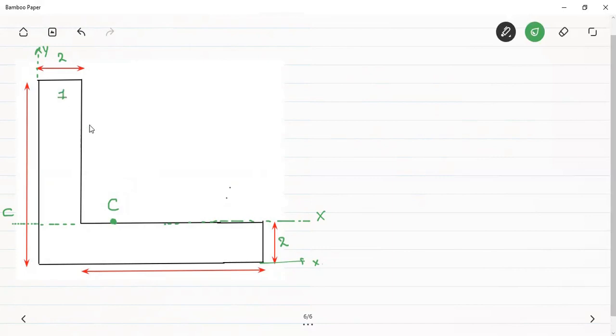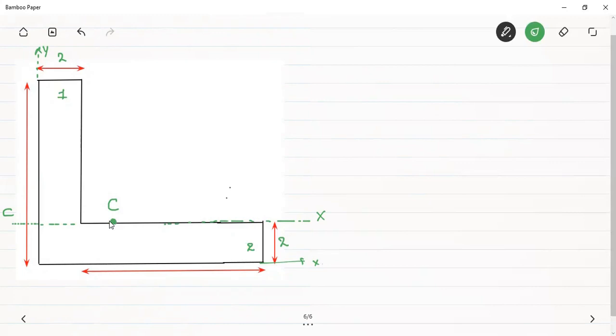Now, to find the moment of inertia about the centroidal x-axis of the complete figure, since I have broken it into two rectangles, 1 and 2, I will first find the moment of inertia of the first rectangle about the centroidal x-axis, and then I will find the moment of inertia of the second rectangle about the centroidal x-axis, and I will sum these two to find the moment of inertia of the complete figure about the centroidal x-axis.